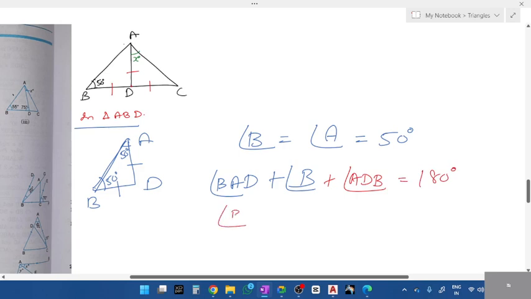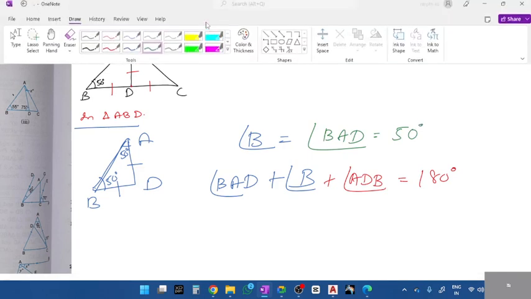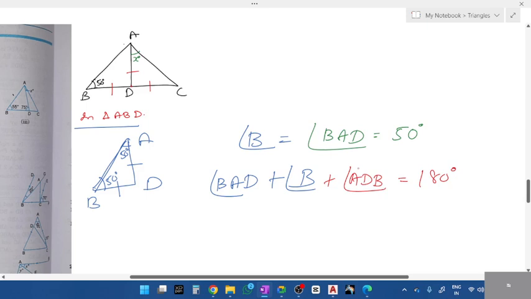So BAD you have to find. BAD we found. BAD has 50 degrees. Here, write it like this. Angle B is equals to angle BAD, that is equals to 50 degrees. Find the value and tell me for ADB.